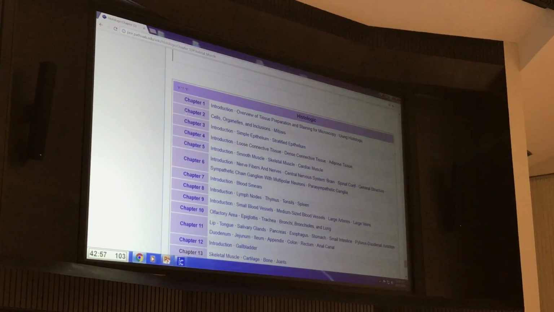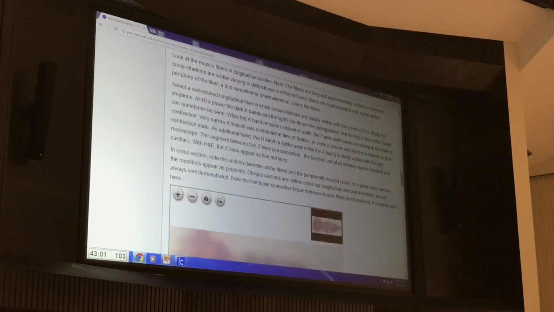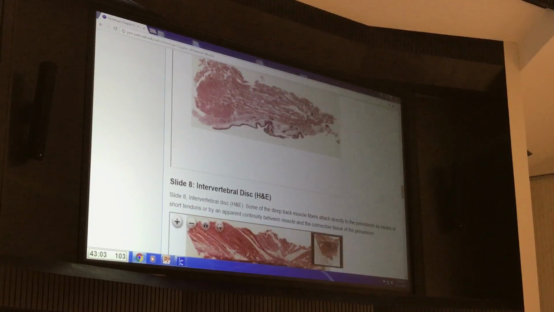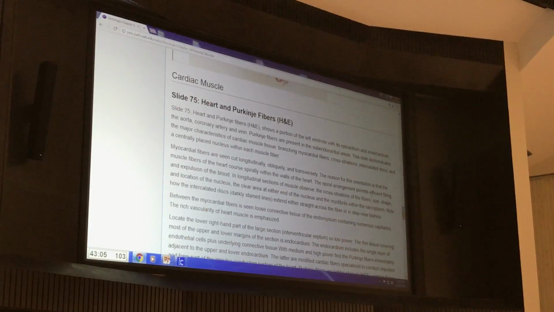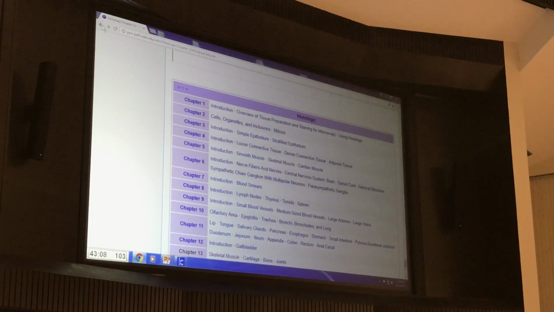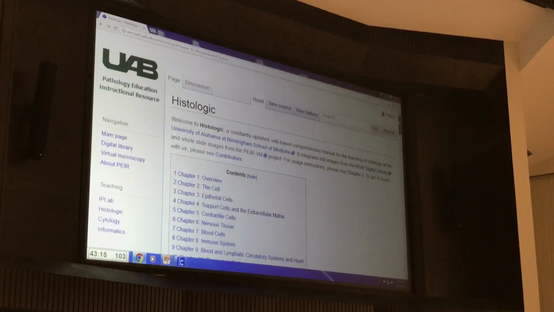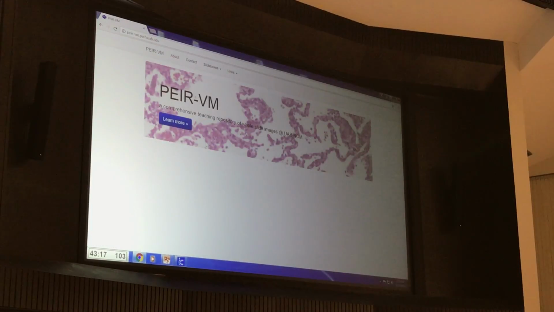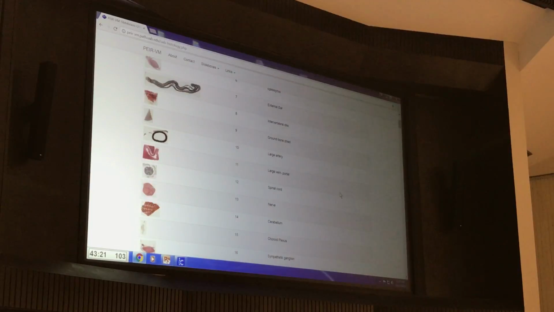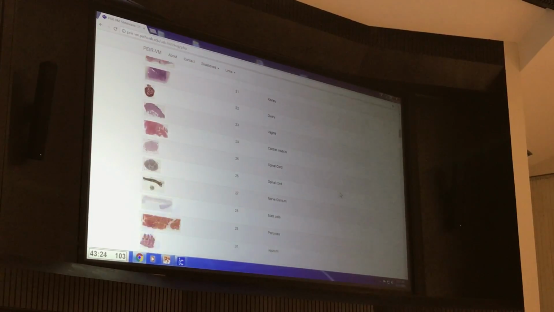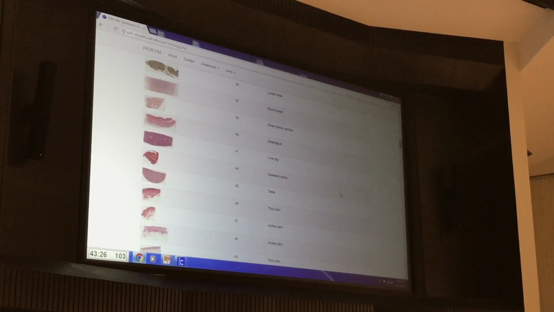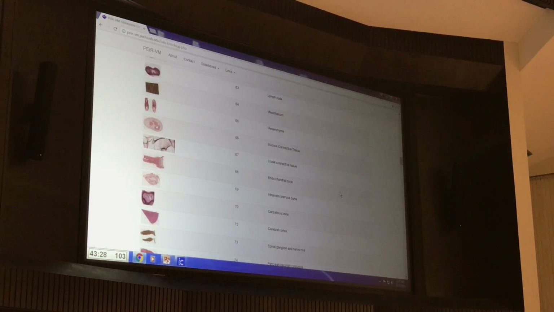Let's see, where is it? Actually, you know what, I think.